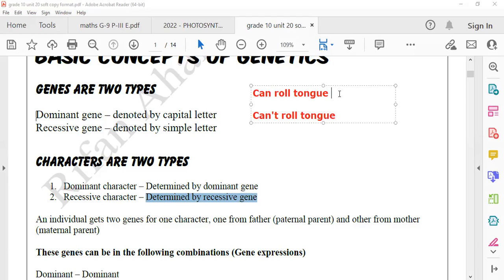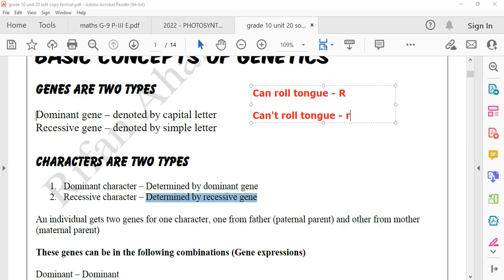Dominant, correct? To show it is dominant, we choose some English letter. Anything is okay. Here, because it is roll, you can choose R. So can roll tongue, we say, capital R. Then to tell can't roll tongue, you have to use small r.